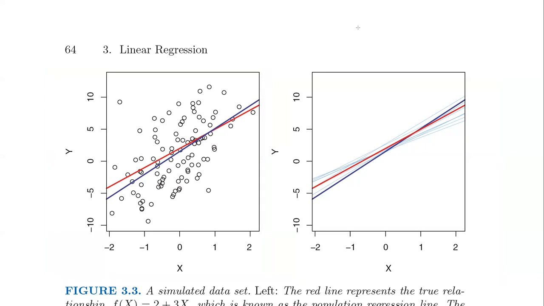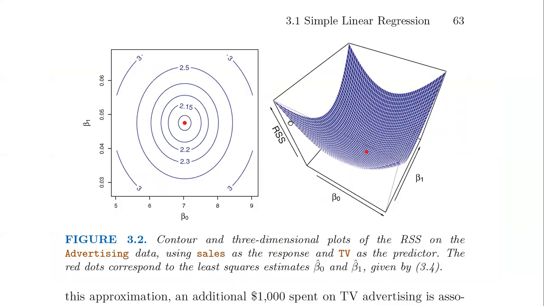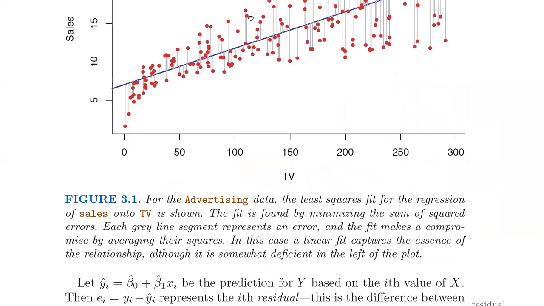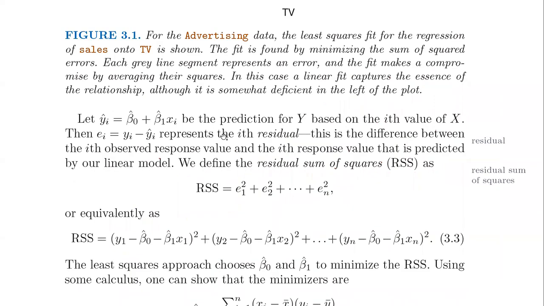How is this performed? Well, in linear regression, the most commonly used approach is the least squares method, where we minimize the residual sum of squares. What is a residual? The residual is simply the difference between your model's prediction and the actual observation.